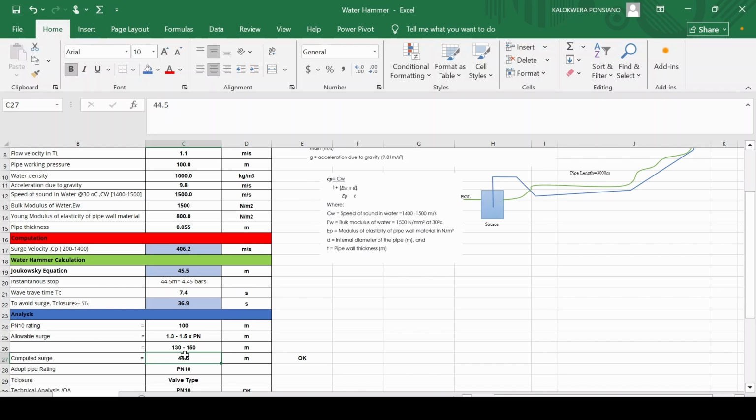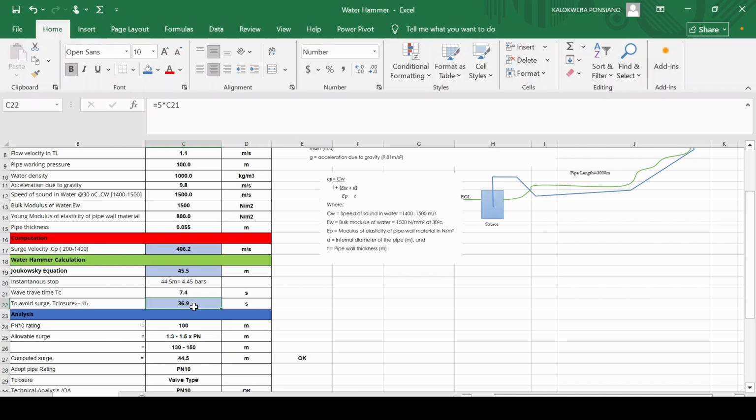Now closure time, or the wave travel time, is something very important. Once we calculate that, it helps guide us on the type of device you are supposed to adopt. So the closure time is 36.9. We are going to look at the type of valve that you are supposed to use.